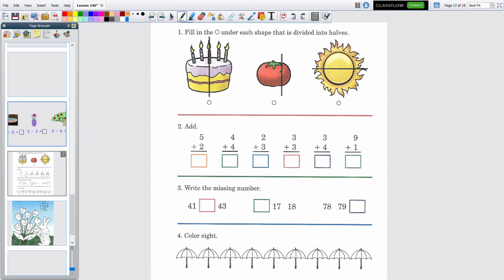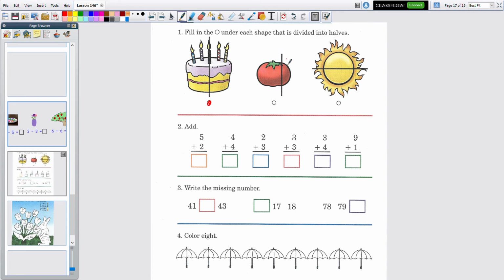So let's look at this birthday cake. It is cut right into 2 pieces. Is this the same size as this side? This side and this side. Are they equal? They are. So we can fill in that bubble. Okay. You can put a little meatball in there if you want.